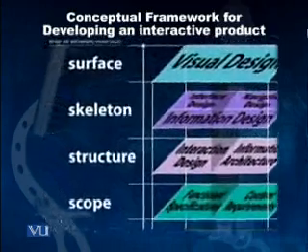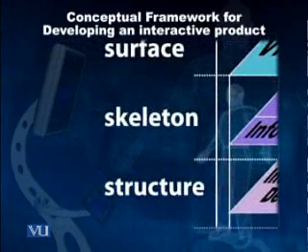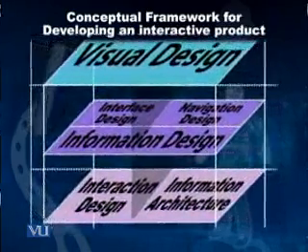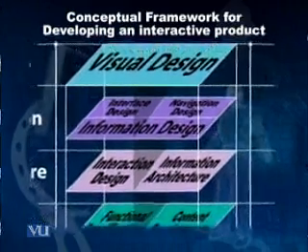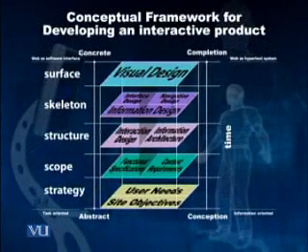Moving on to the next plane, which is called the skeleton plane, we have information design, interface design and navigation design. If we are considering the web as a software interface, then interface design aspects come in. And if we talk about the web as a hypertext system, then navigation design issues become paramount.